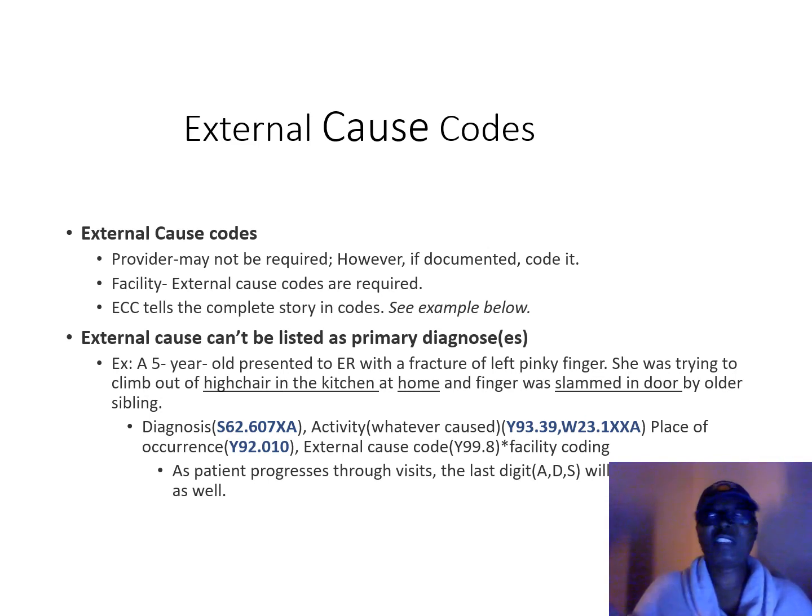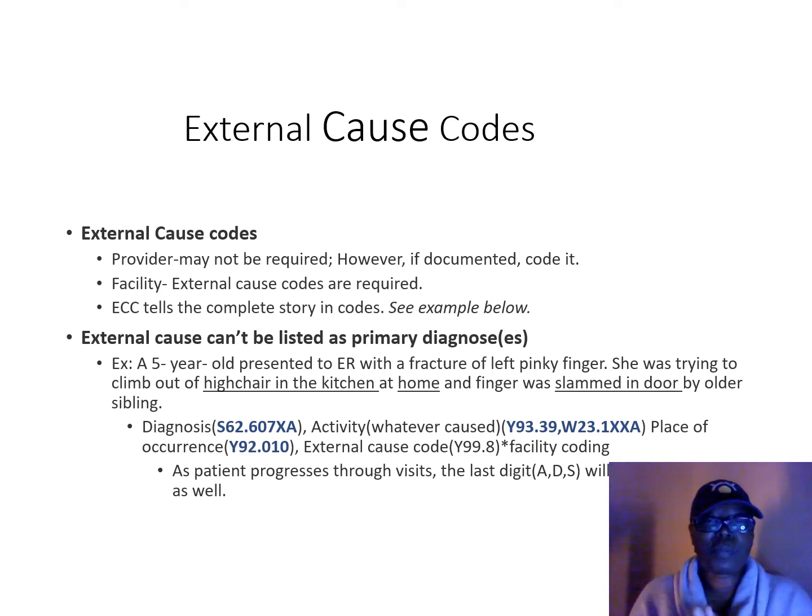However, it does look good because the doctor is providing a detailed background as to what caused the injury. So again, facility coder, it is required that they assign external cause codes. A profi coder, it is not a requirement, but it does provide more insight so that you can better assign your ICD-10 code. Okay. So again, the external cause codes provide a complete story in codes.